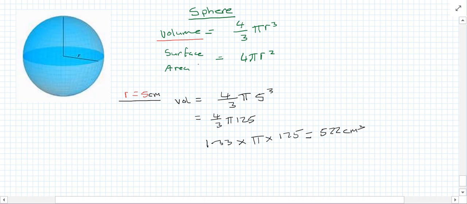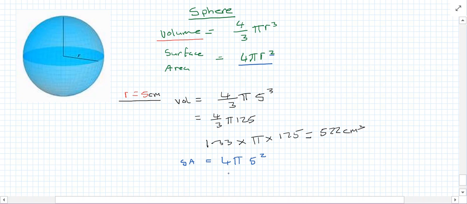Now, if you're asked to get the surface area, surface area is equal to, and we'd use this formula here, 4 times pi times the radius, which is 5 squared. Okay, so just be careful with that as well.